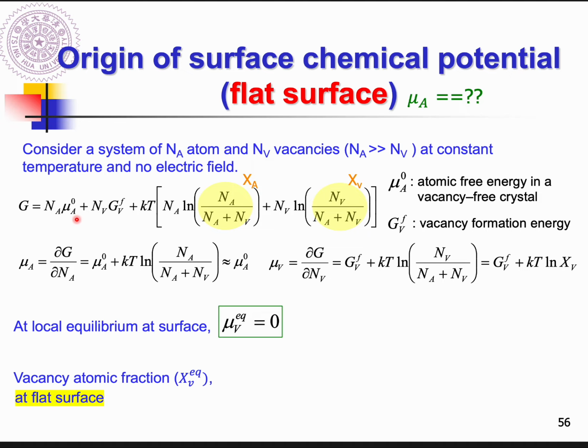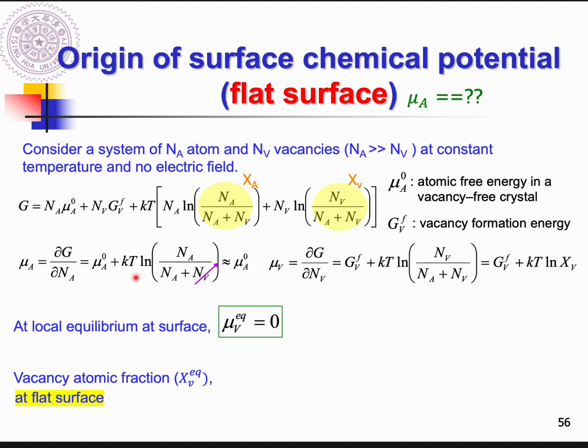So we directly take this Gibbs free energy and take the partial derivative with respect to Na, so you only have this term and this term left. We can do the approximation, which becomes mu A0 plus KT log XA. And as you know, Na is much larger than Nv, so we drop this Nv.